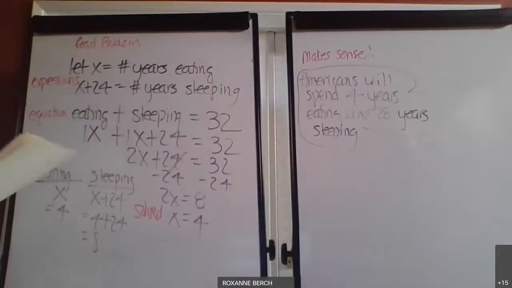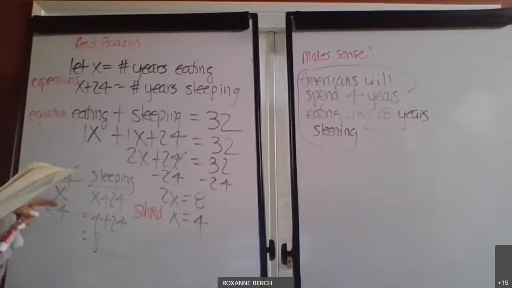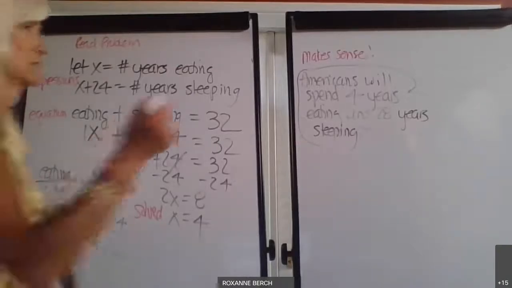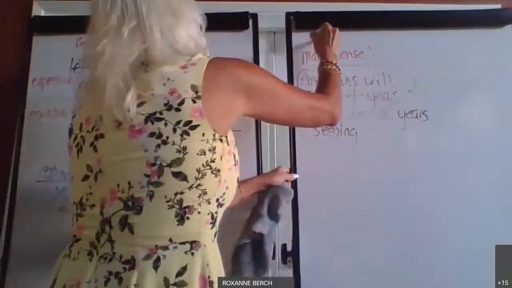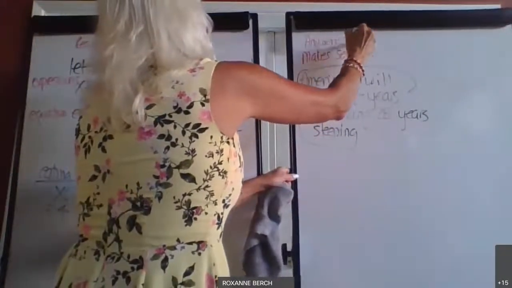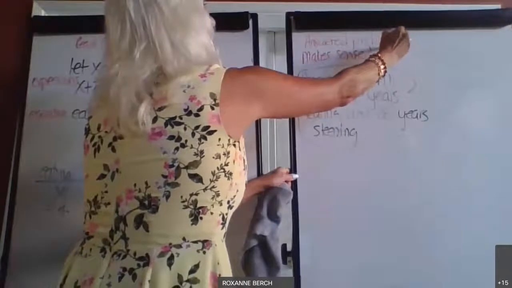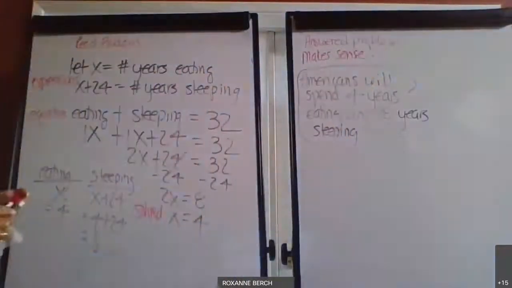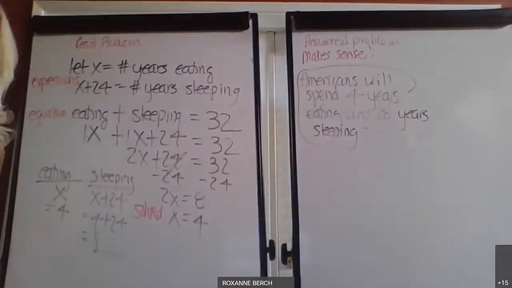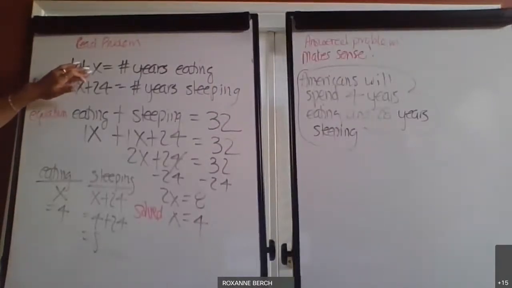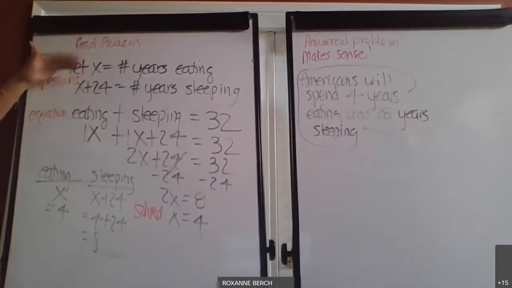So we read the problem, we wrote expressions, we wrote an equation, we solved the equation, we answered the question, and it made sense. So that's the key thing, you guys. You're going to see me defining an unknown and writing expressions based on the unknown. Don't throw in another variable like I used to.